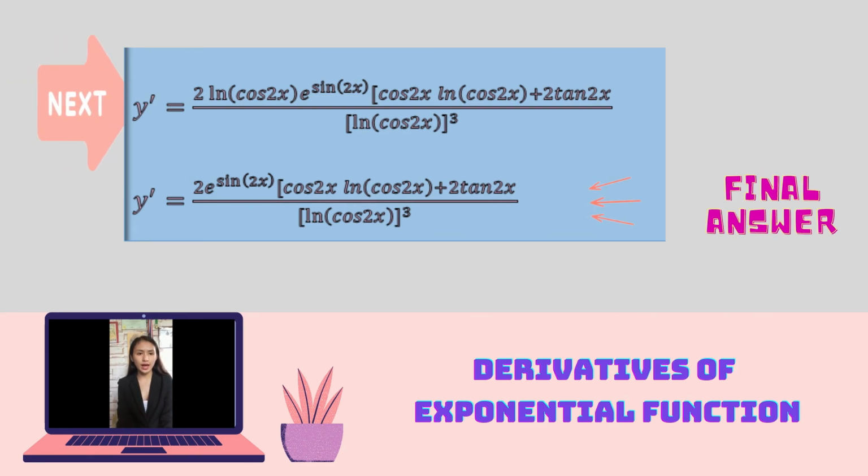We will simplify this equation to get the final answer. So our final answer is 2e raised to sine 2x, the quantity of cosine 2x ln cosine 2x plus 2 tan 2x over the quantity of ln cosine 2x raised to 3.